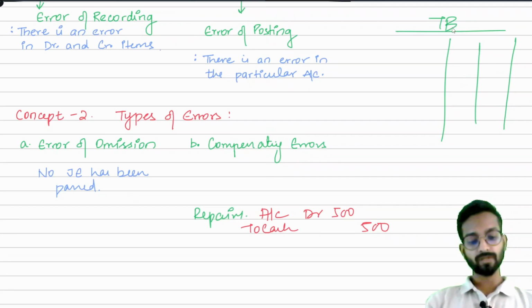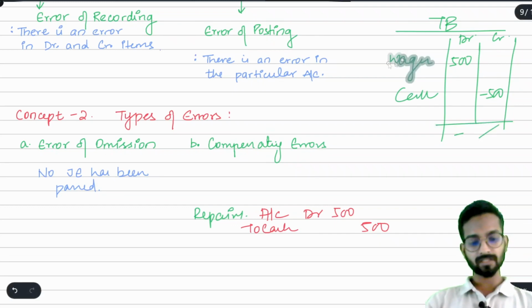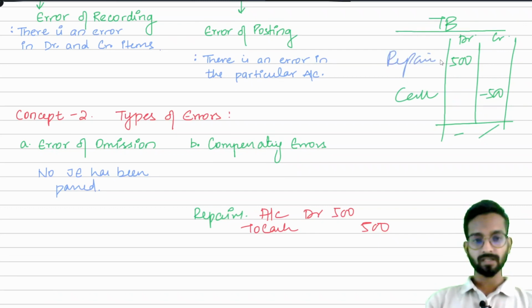So in trial balance, if I would have written wages here, debit side, credit side, still the amount will come here 500, and cash will be reduced from here minus 500. So you can say that both the sides will match, but the problem is I didn't write wages, I have written here repairs. Still think wages and repair both are expenses only, so both will come on the debit side itself. So the trial balance will be unaffected.